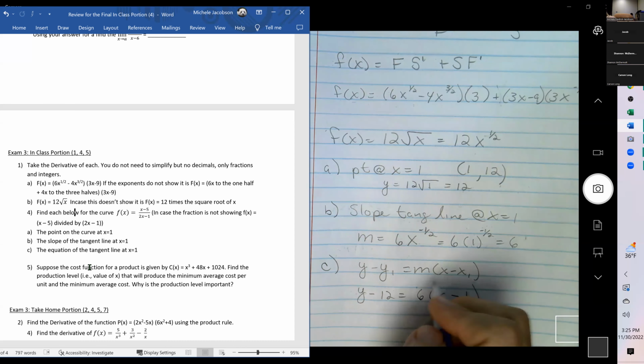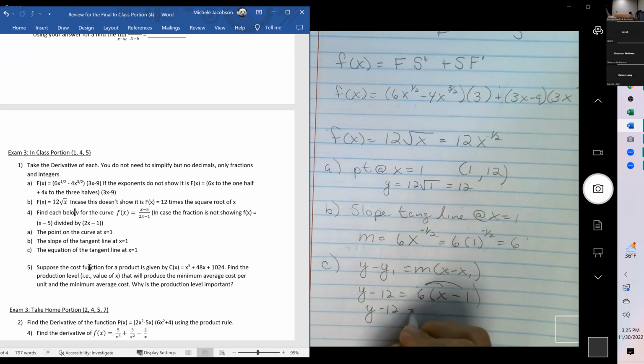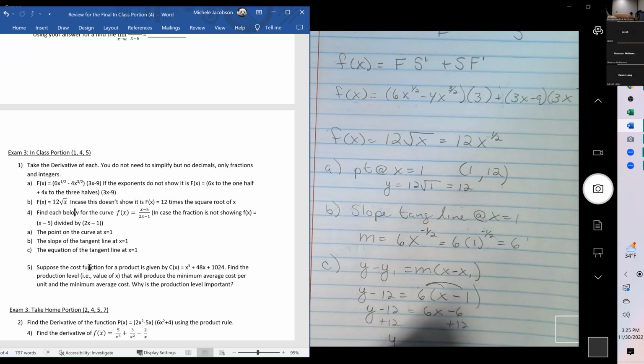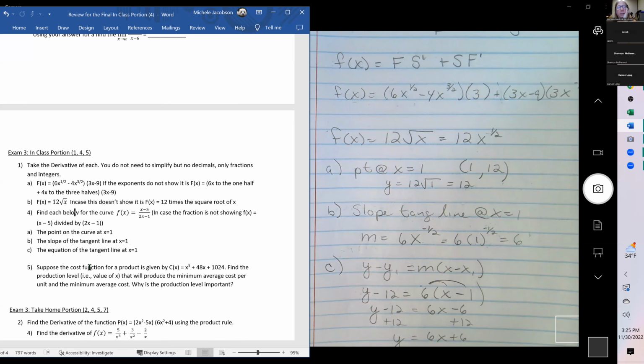And you should solve it for y. So we have y minus 12 equals 6x minus 6, and then add the 12. Any questions on that?